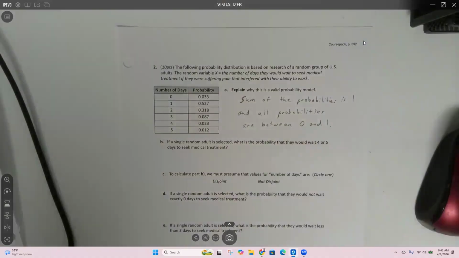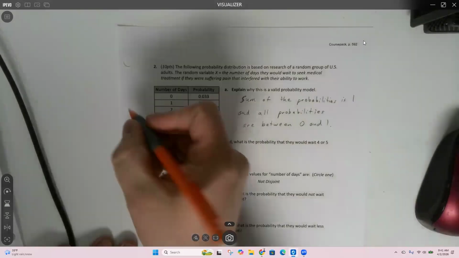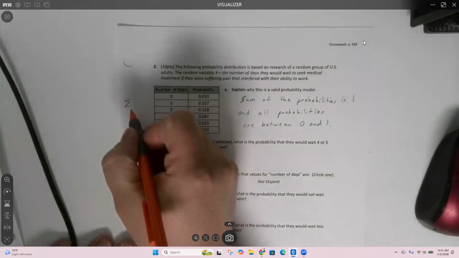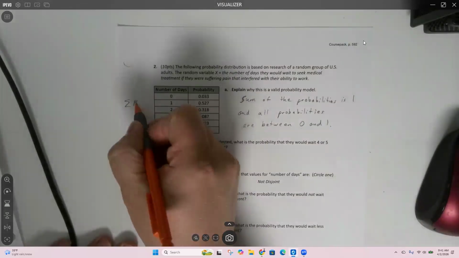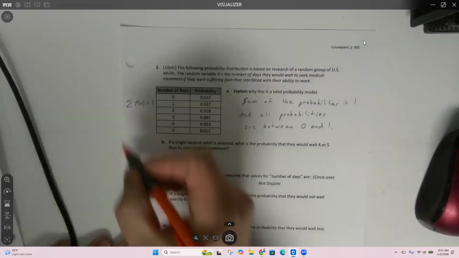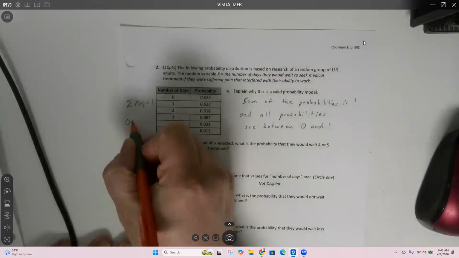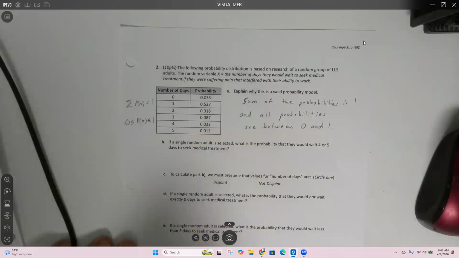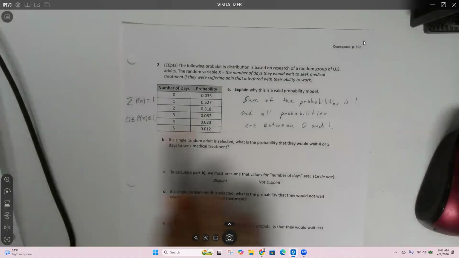That's if you wanted to write it out in a sentence, write it out in English, right? If you wanted to write it out in math, capital sigma stands for sum. Sum of probabilities is 1. And all the probabilities are between 0 and 1. Either of these is fine.